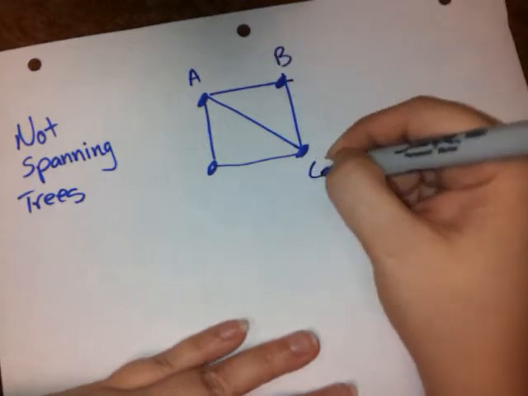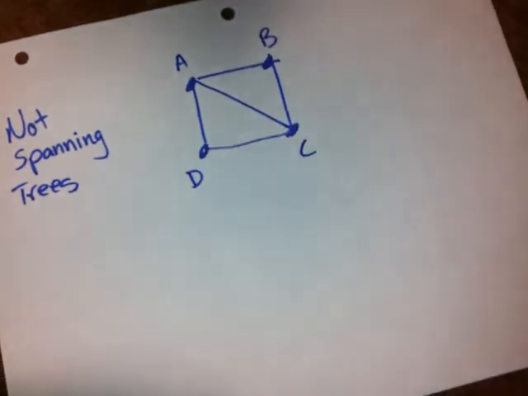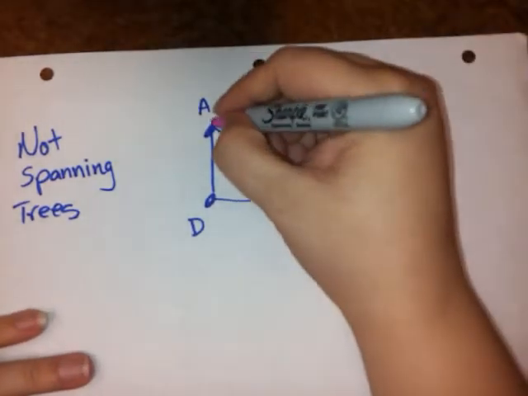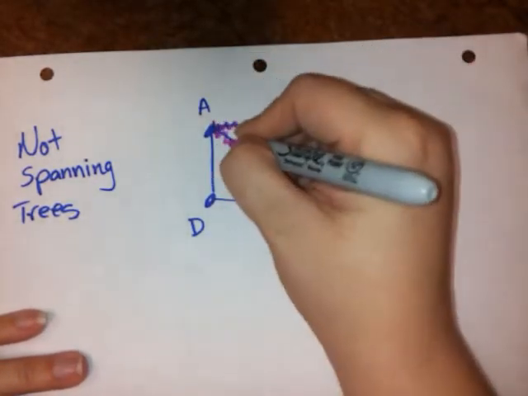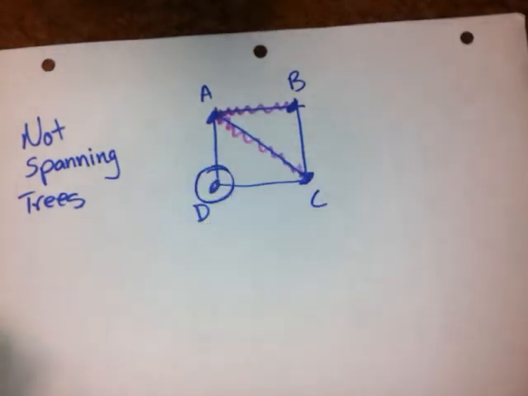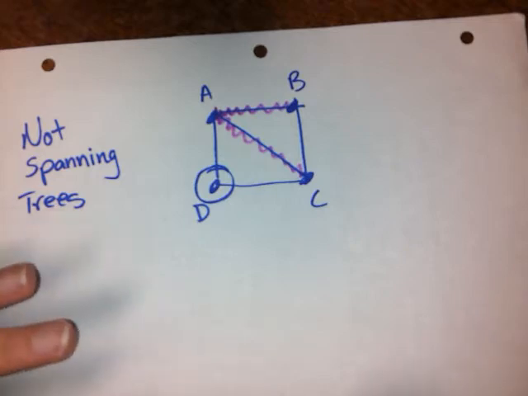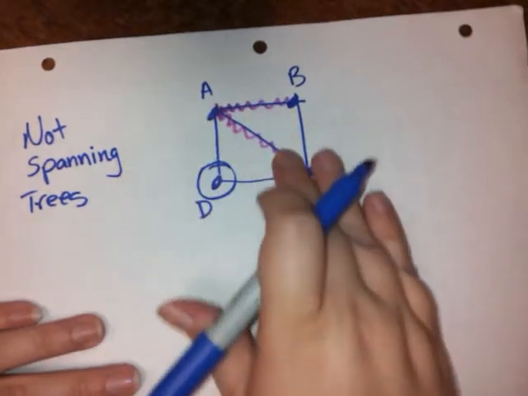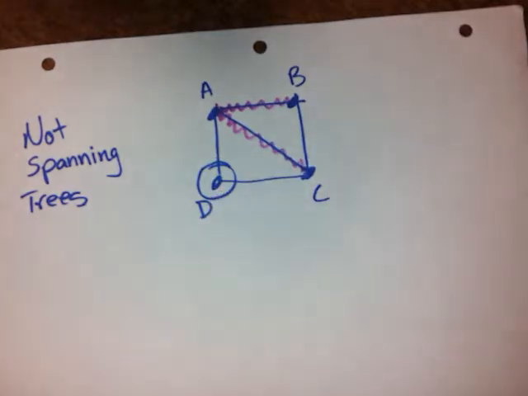A, B, C, D. I'm going to draw something now that is not a spanning tree. I'm going to go from A to B, and I'm going to go from A to C. That squiggly graph right there, that is a tree. It's a tree, there are no circuits, it's not connected, but it's not a spanning tree because it doesn't take care of vertex D. It would have to go to vertex D also to be a spanning tree. So in this case, it's not a spanning tree. It is a tree, but it's not a spanning tree because it doesn't reach every vertex of the graph.